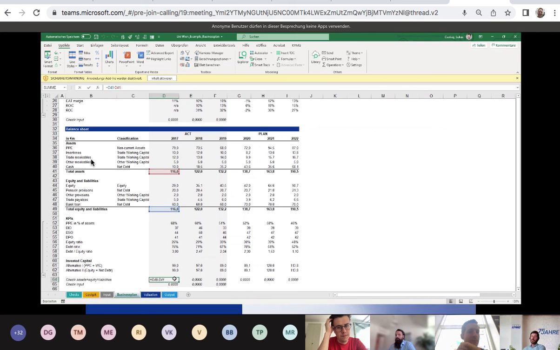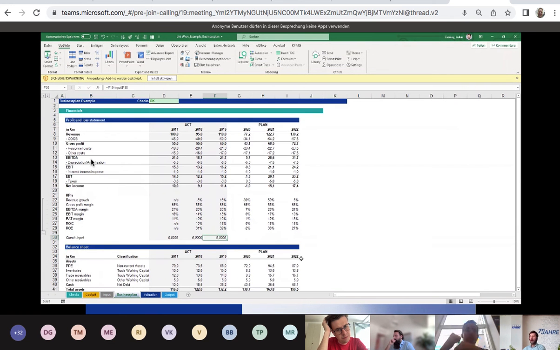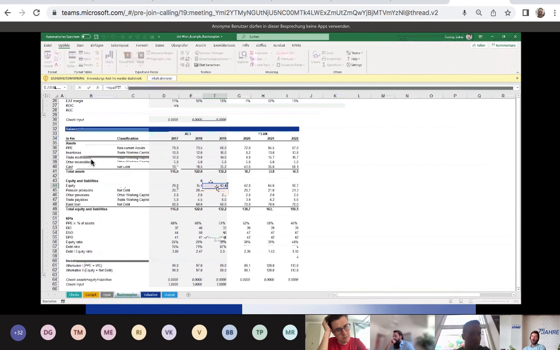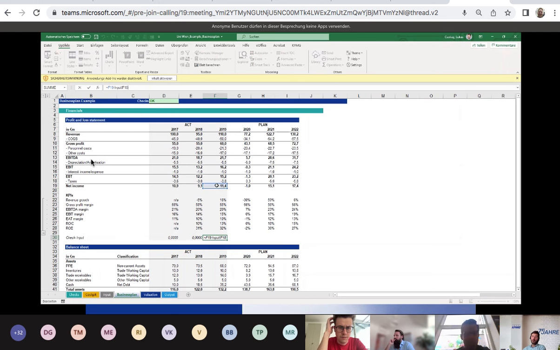Here, for example, I only check whether the business plan is correct. That's basically the same, should be the same. I have other checks here, for example, whether my historical calculated net income is the same as the net income from the historical reports and so on.